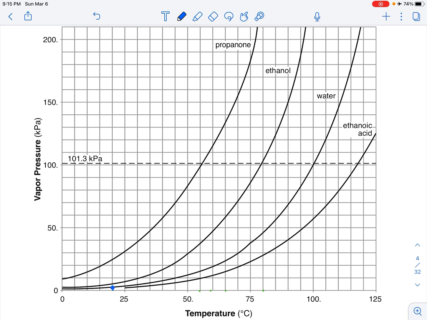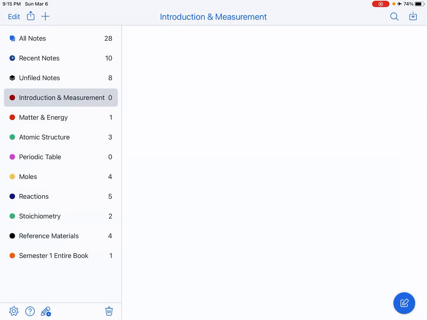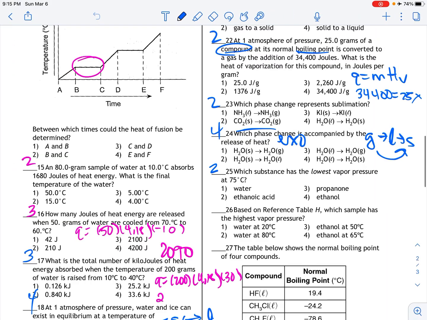That's pretty low vapor pressure. Water at 80. Here's water at 80. Ethanol at 50. Ethanol is the second curve. And then ethanol at 65. So it looks like that's the highest of the vapor pressures, because again we'd come over here to the Y. So we're going to go with ethanol at 65.